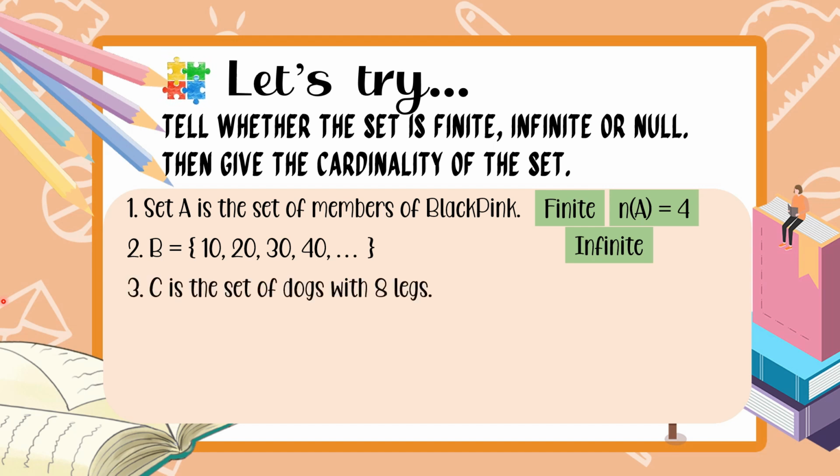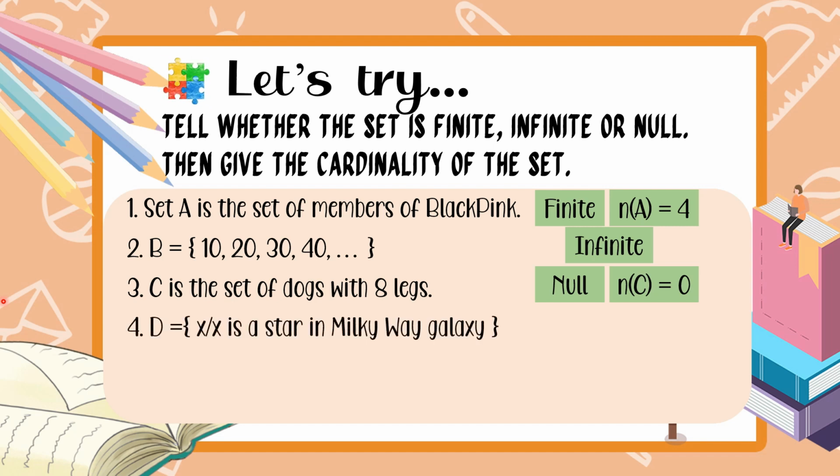Next, set C is the set of dogs with 8 legs. Have you seen a dog with 8 legs? Definitely not. So, therefore, dahil wala pa tayong nakikitang asong may 8 paa, this set is a null set. And the cardinality of this set is 0 since wala namang laman yung ating set. Let's have the next one.